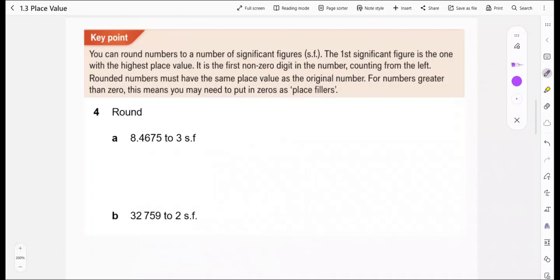For this one, to round this to three significant figures, I count from the first significant figure, which is 8, to the second, which is 4, third, which is 6, and it is actually the 7, the fourth significant figure, that will determine how we are going to round this number. 7 is 5 or more, therefore that rounds the 6 up to a 7.